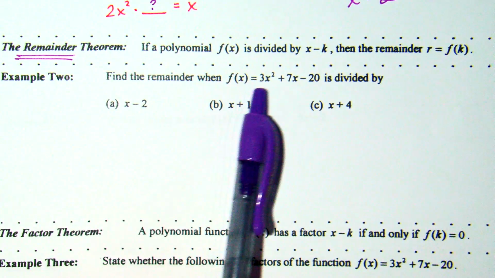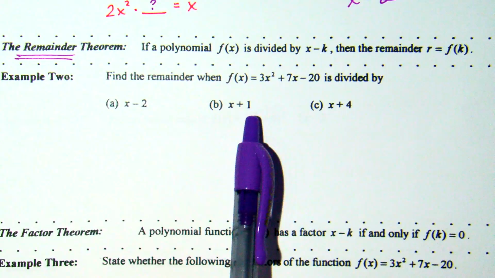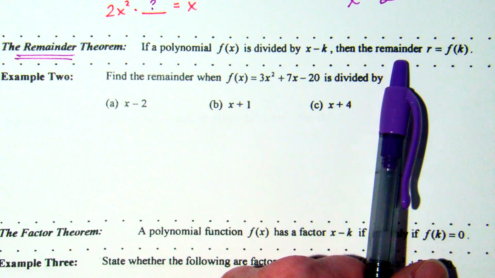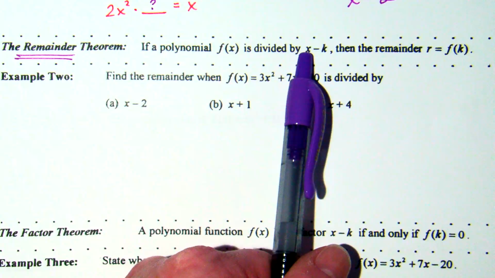So if you have a polynomial such as this one, divided by a linear factor, such as x plus or minus a number, and you just need to find the remainder. The remainder is what you get when you take the function and you plug in the k value. The k value coming from x minus k. That's where you get your remainder.